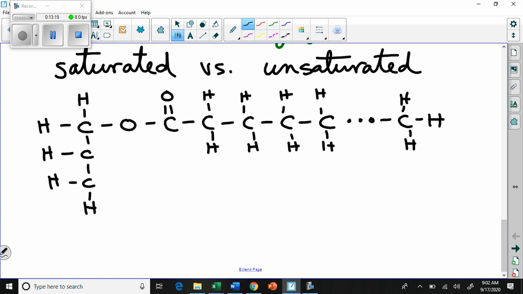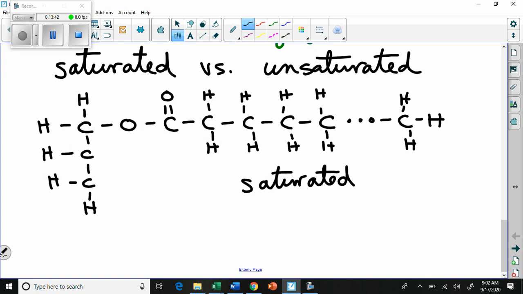The most amount of something means you are saturated with it. You're saturated with hydrogens. So we call this a saturated fat or lipid.